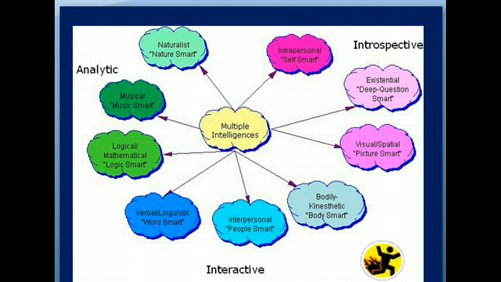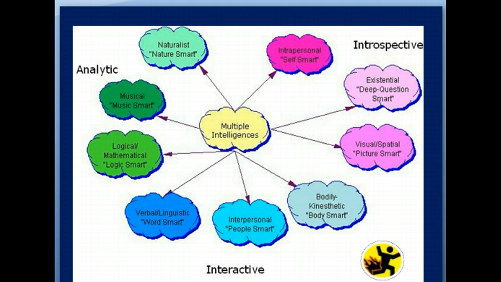We have the 10 o'clock position, musical, or music smart, people that have a talent for playing instruments or singing. And we have at the 11 o'clock position, naturalist or nature smart, people that have a passion for the environment. They have an intuitive sense for what is occurring in the natural environment, and have, as I mentioned, a passion to learn more from the natural environment.